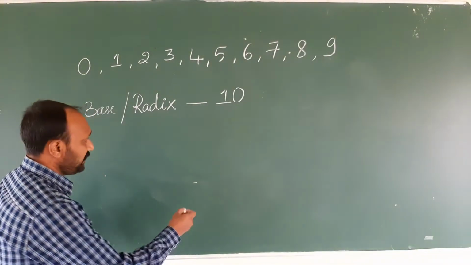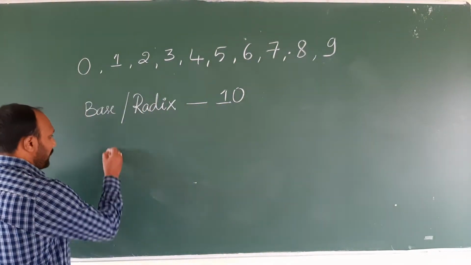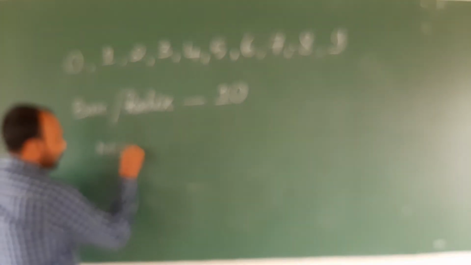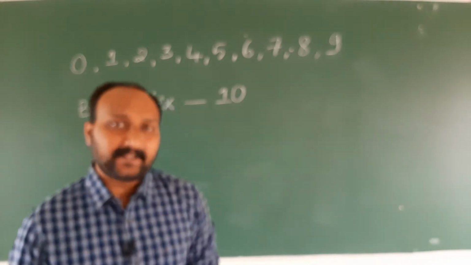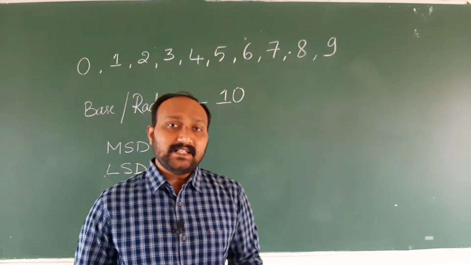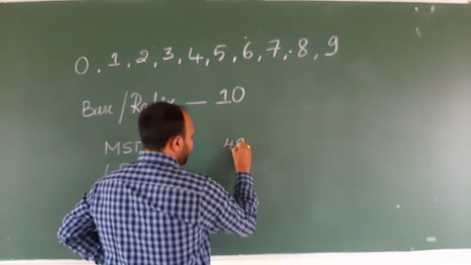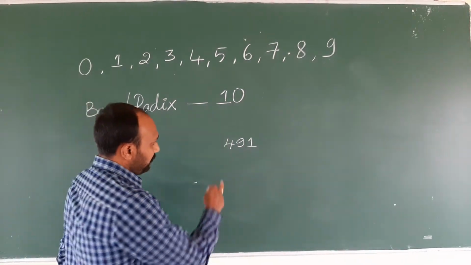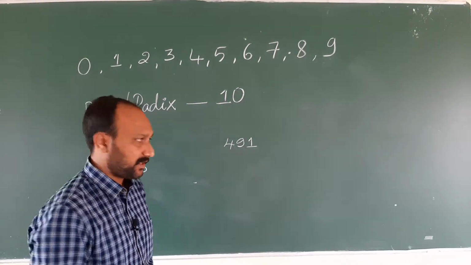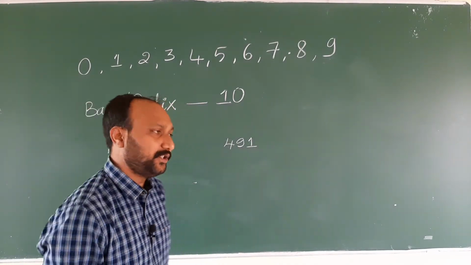In decimal number system, we come across a terminology called MSD and LSD. What is MSD? Most significant digit. And what is LSD? Least significant digit. Let me consider a number, 491. The number is made out of how many digits? 3 digits. Among these 3 digits, which one carries the highest value?